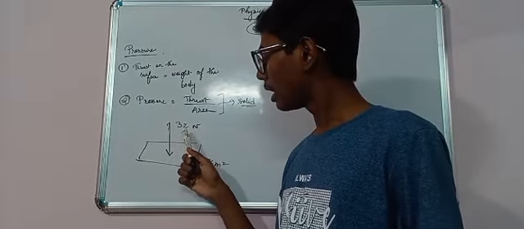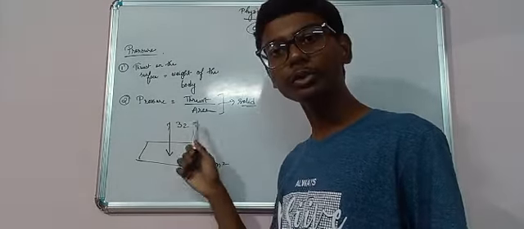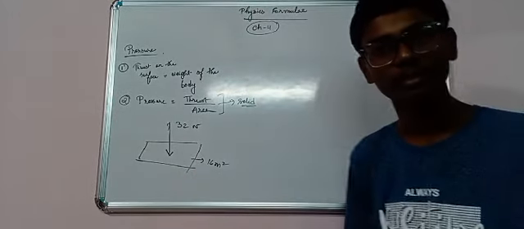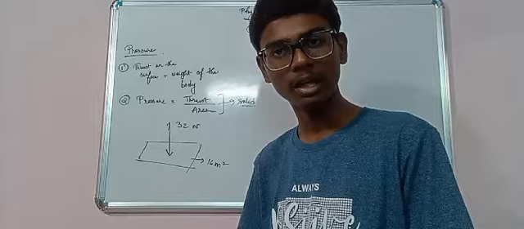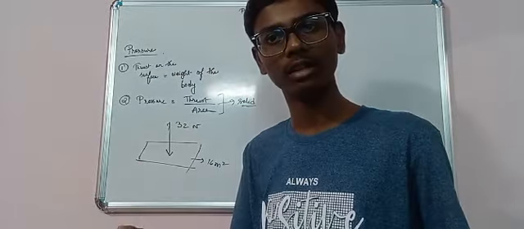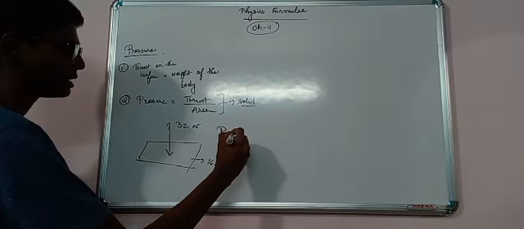So 32 Newton of force is getting applied on an area of 16 meters square. What will be the pressure? Pressure is basically the amount of force getting applied on a certain amount of area. So in that case, what will be the answer?